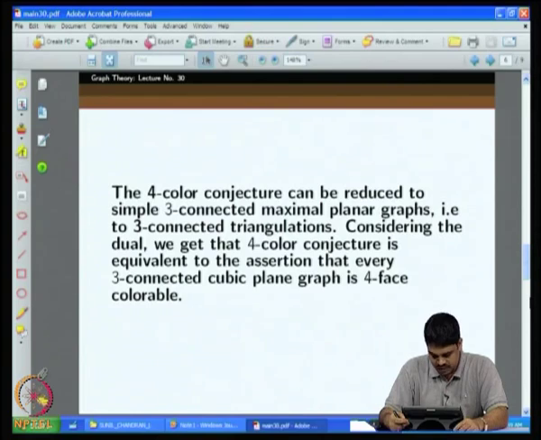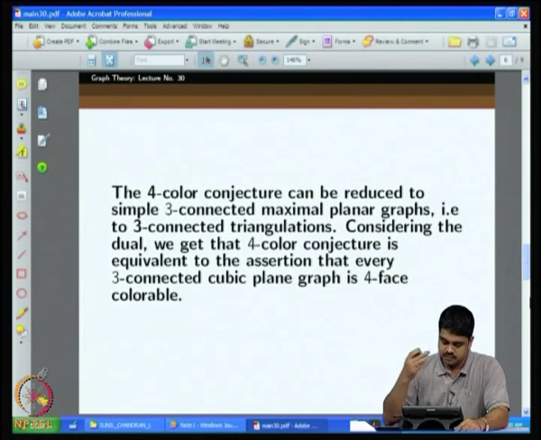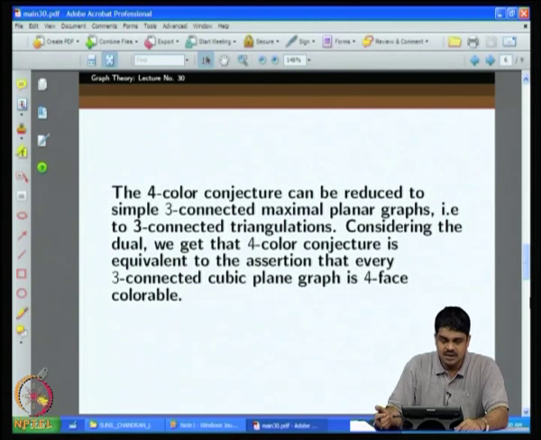Disconnected graphs are easy to handle, because we only have to color each component. The 1 connected case also is not very difficult to show: if each component can be colored, then together it can be colored using 4 colors. Similarly, the 2 connected case can be handled, which I will leave you to work out.